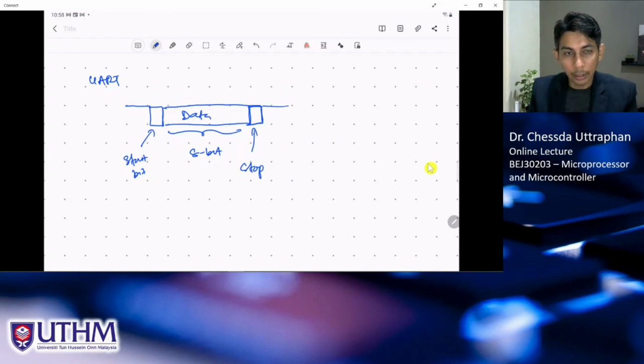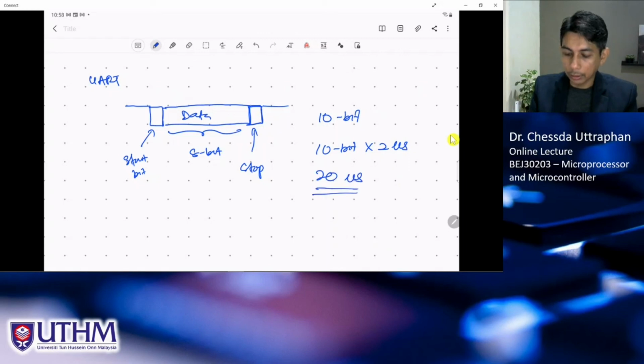So to send 1 byte of data for UART, you need to send 10 bits at a time, including the start bit and the stop bit. So it will take 10 bits multiplied by 2 microseconds, because for 1 bit the duration is 2 microseconds. So you need 20 microseconds in order to send a byte of data.